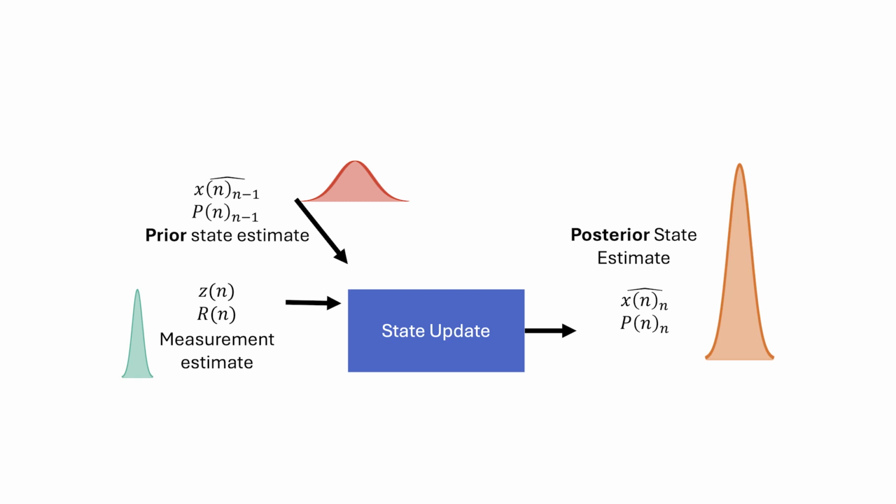And what we are going to do is calculate the posterior state estimate based on those pieces of information. And this is essentially, in a nutshell, the core of the Kalman filter, to merge the measurements, the real world, with the physics and the things that come recursively from before the loop.